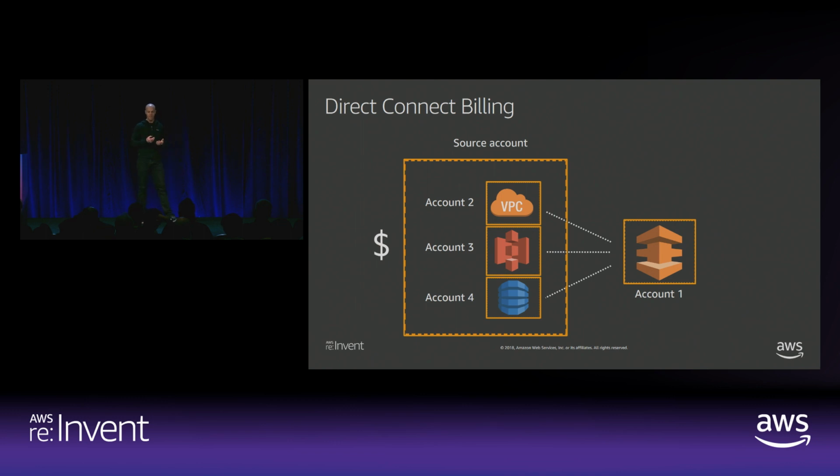So if you have a public VIF attached and you're accessing data from somebody else's S3 bucket, maybe a partner of yours, that partner will pay for internet egress. You will only pay for the port hour cost. Now, as a side note, there is a feature within S3, if you are the partner and somebody else is doing this, that you can enable requester-pays buckets. That flips this model, but it isn't on by default.